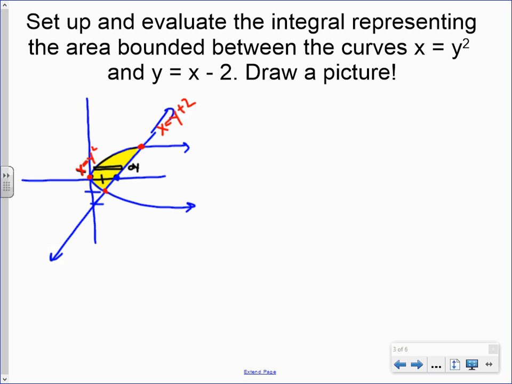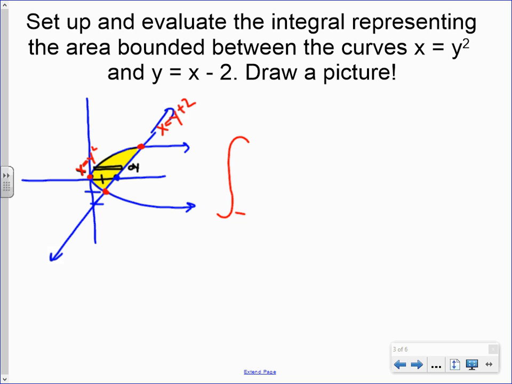Now, are we still going from, what did we do yesterday? We did like 0 to 1 and 1 to 4. Is that what we're doing today? No. No, we have to go in terms of y. So we need to think about where is our very lowest and where is our very highest point? Where are these rectangles falling? So since we're in terms of y, we need to think about our y values. So what is this y value right here?